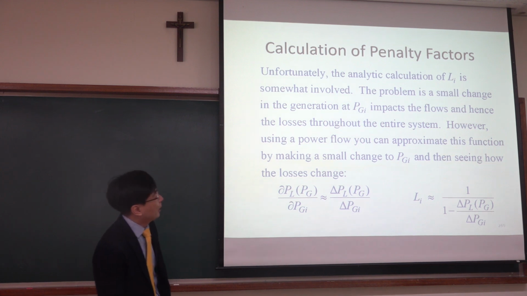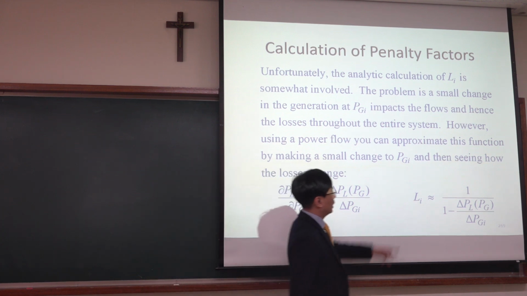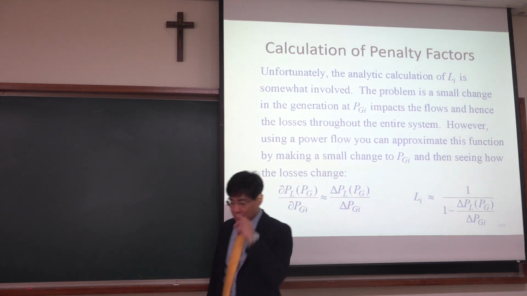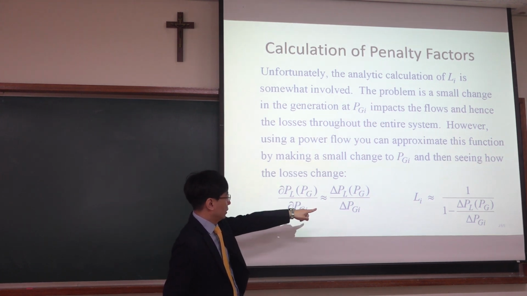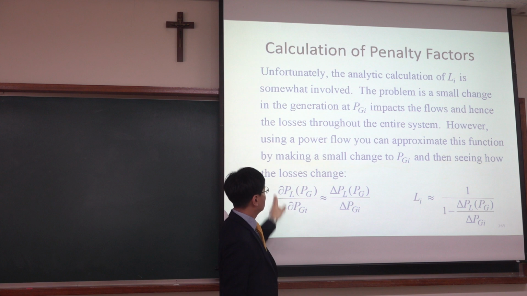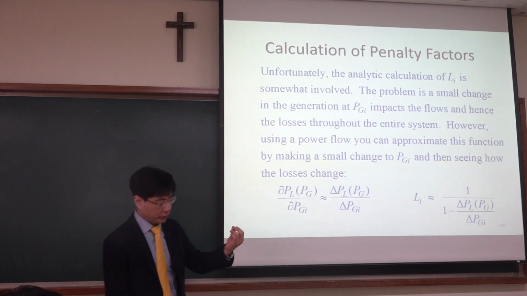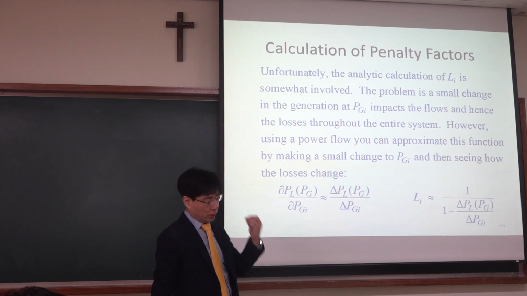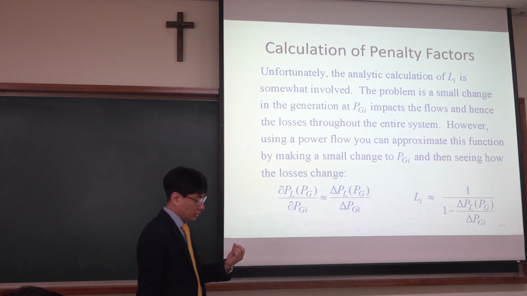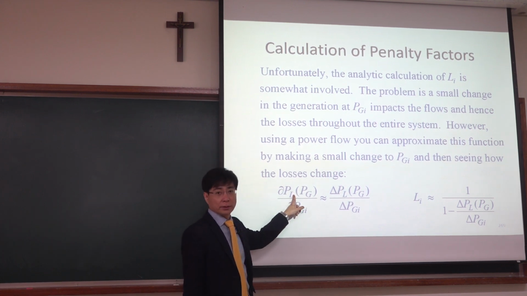So then, how can we compute this penalty factor Li? From the definition, to compute Li, we need to know this derivative: how increasing the generation at the ith unit contributes to increasing the losses in the system. But this is a complicated function, right?